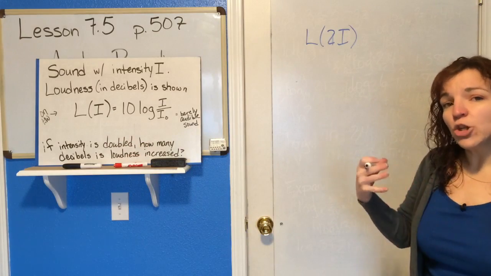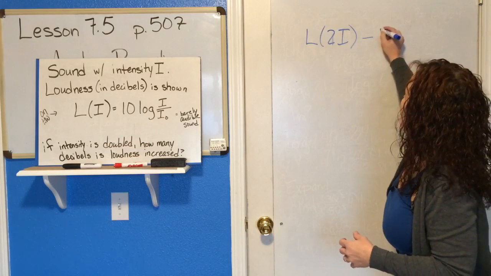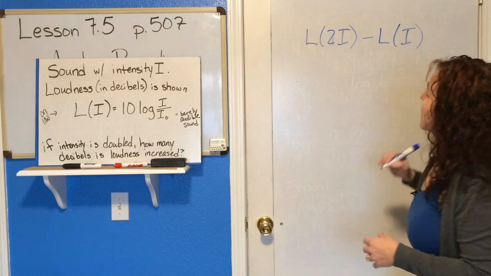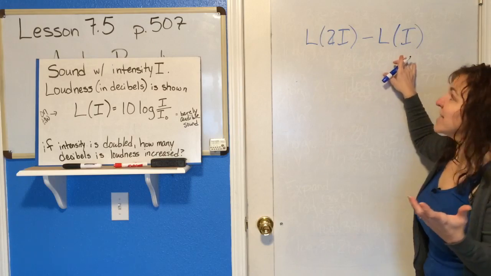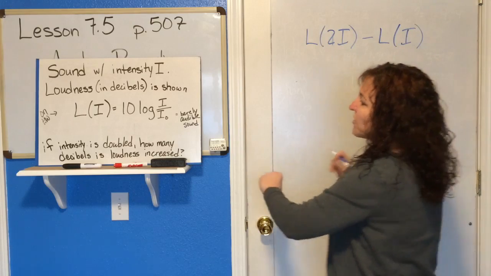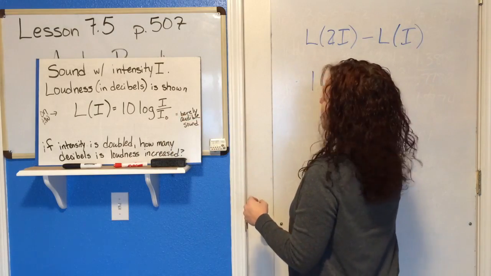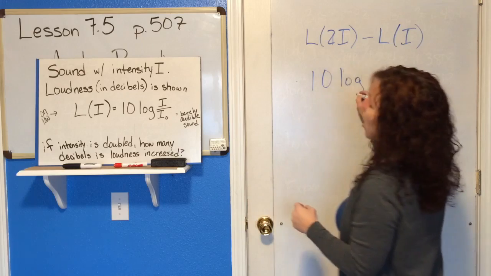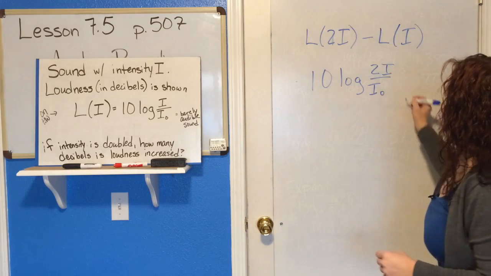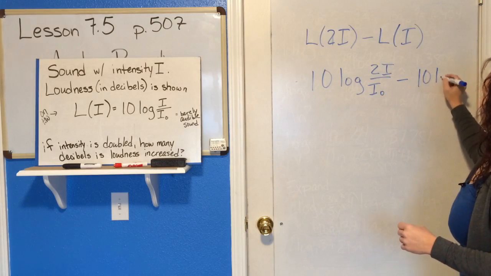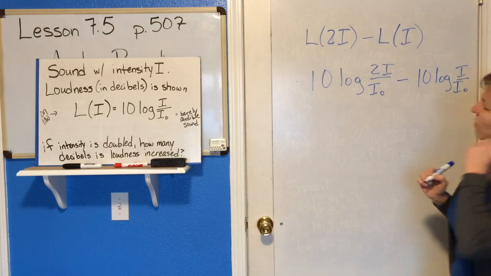So if I want to know the increase, I want to know the difference between where we are now minus where we started. So I want the difference of 2 times the intensity minus the first intensity. Using the formula, we've got 10 log of 2 times the intensity divided by the original intensity minus 10 log of the intensity divided by the original intensity.